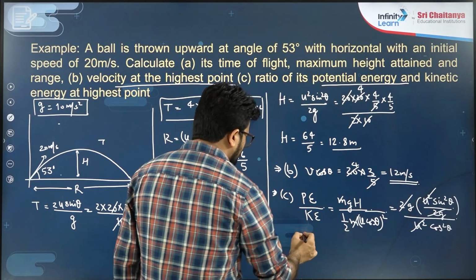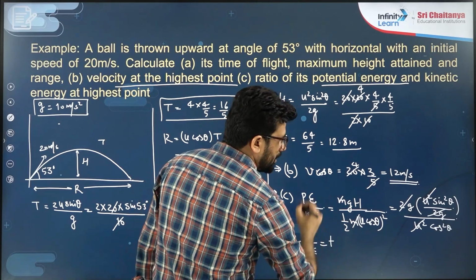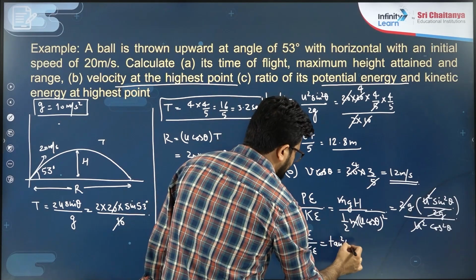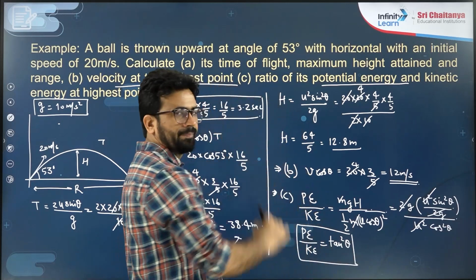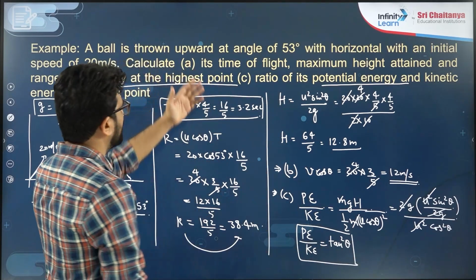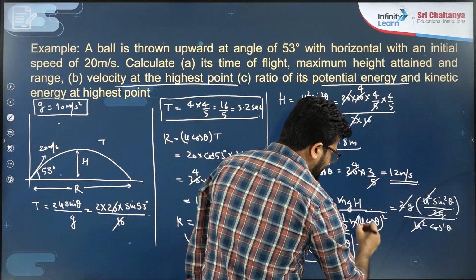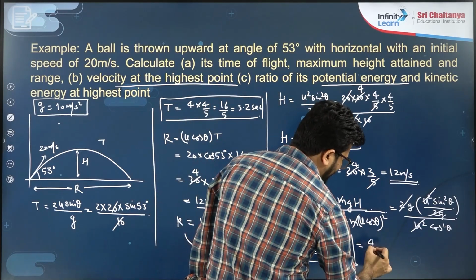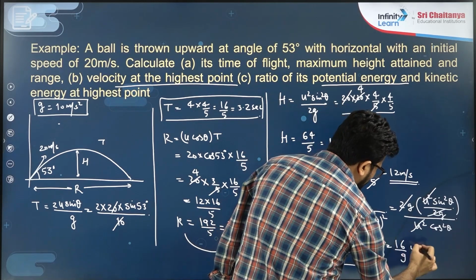So the ratio of potential energy to the kinetic energy is equal to tan square theta. Very important result. Directly you can apply in any question. Theta is already given to you, 53. You can put the value. What is the value of tan 53? Tan 53 is nothing else, 4 by 3 whole square, that would be 16 by 9. That's the answer.